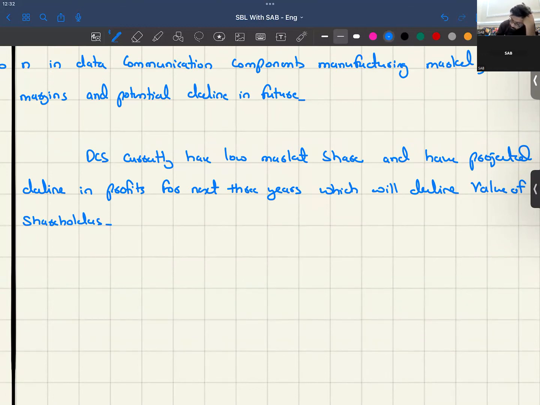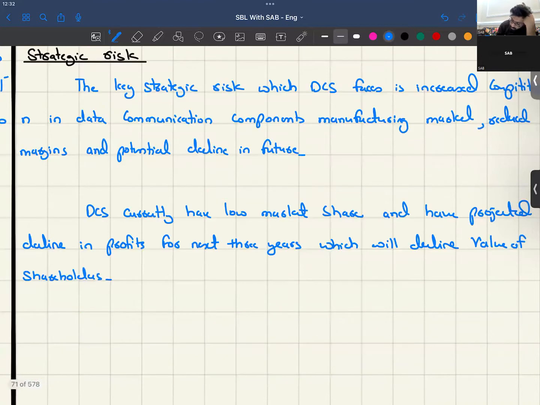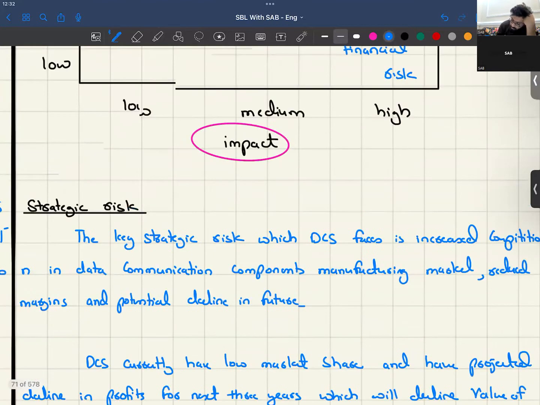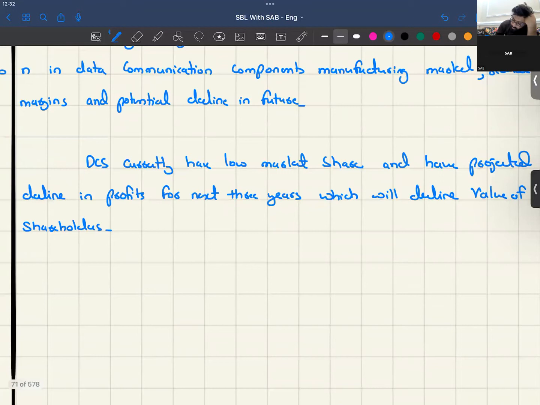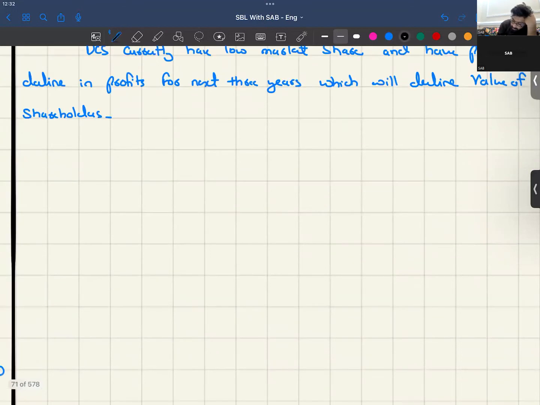So now you just explained the risk. Now, strategy to mitigate. What's the strategy you're going to be writing to mitigate?